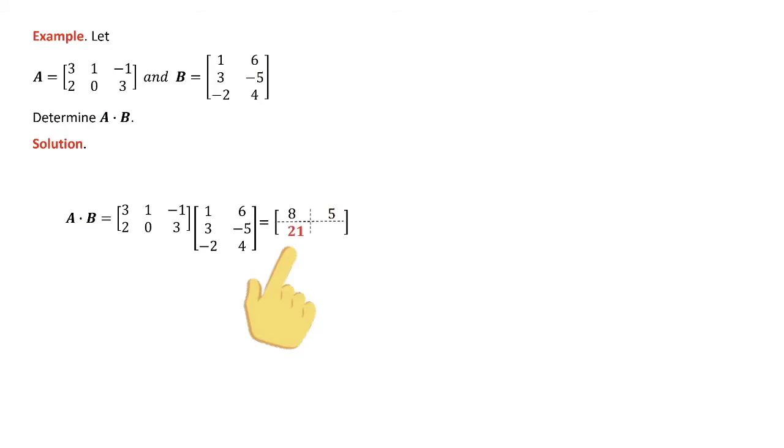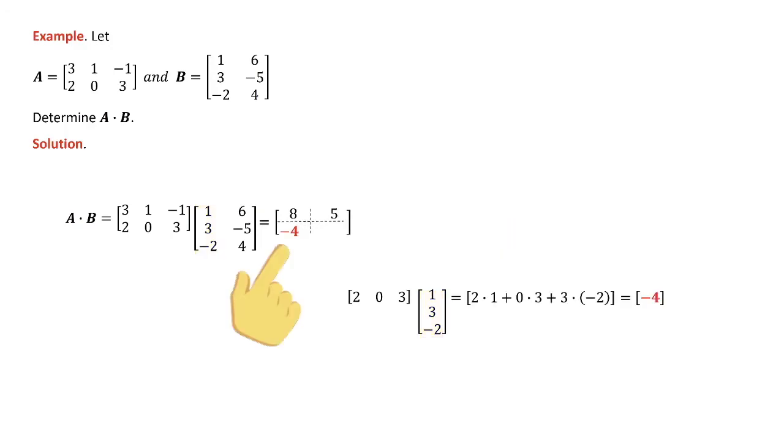Now, see if you can do this one. See if you can figure this one out yourself. All right, let me try. Now we take the second row on the left, and we multiply it by the first column on the right. If we do that calculation, we get -4.